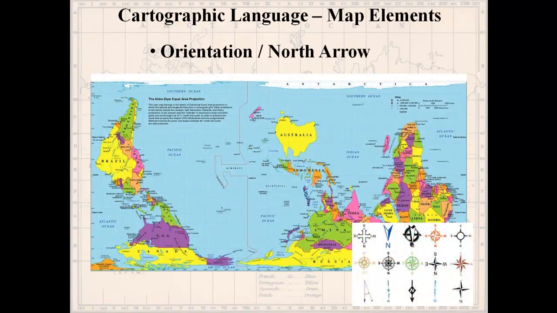So here's an example of an upside down map, where maybe somebody from Australia might think of up as towards the South Pole instead of the North Pole. Without a north arrow on this map, someone might become very confused. Here you see this is a south arrow.